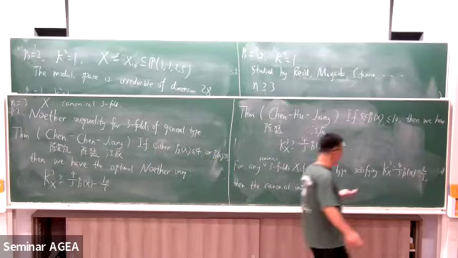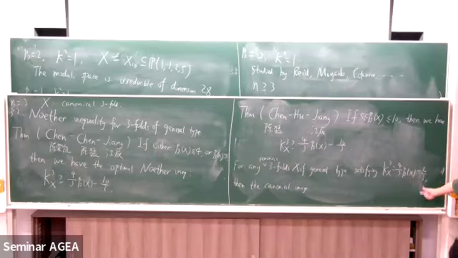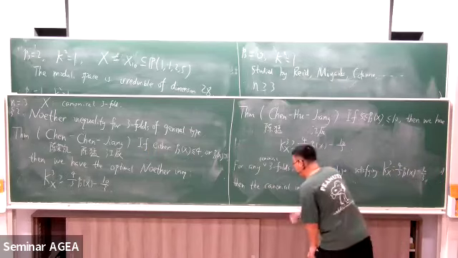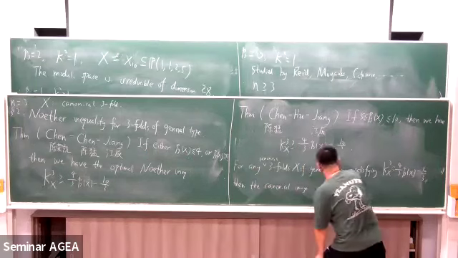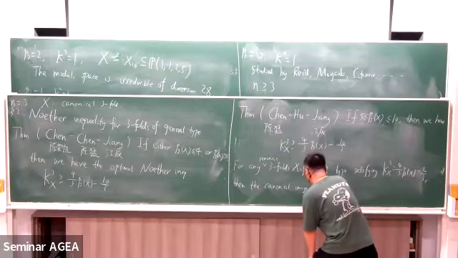Because X is of general type, this is positive, which means that the geometric genus is at least 3. So you can study the non-trivial canonical map. And when the equality holds, the canonical image is a surface.